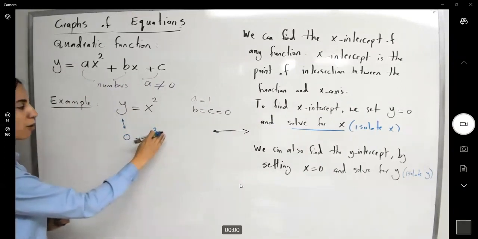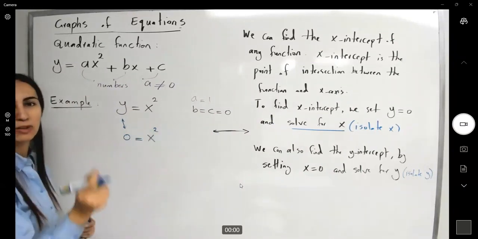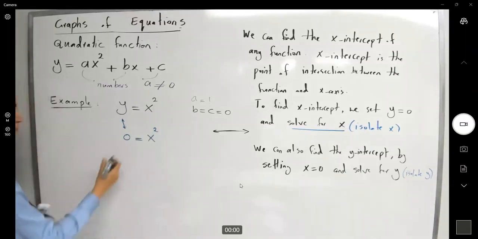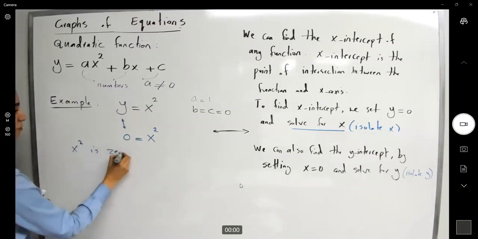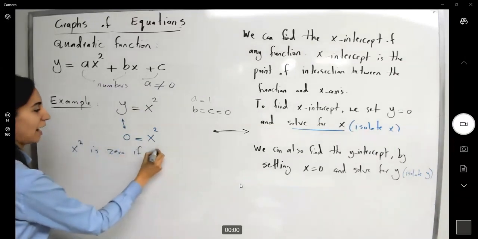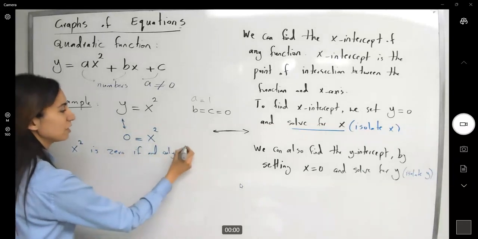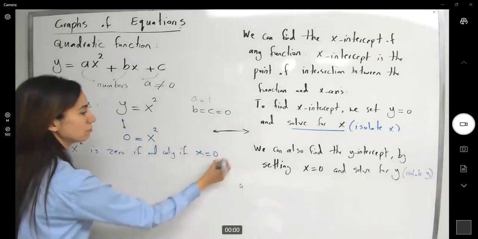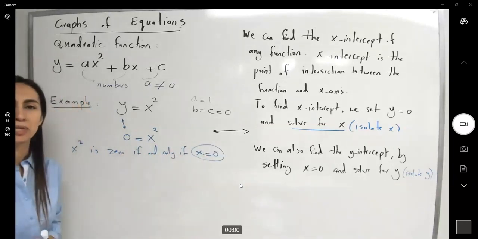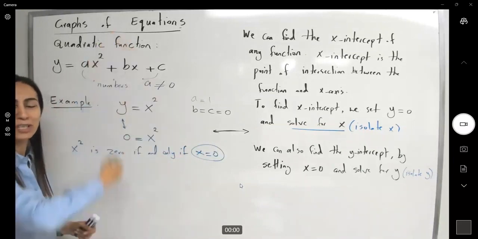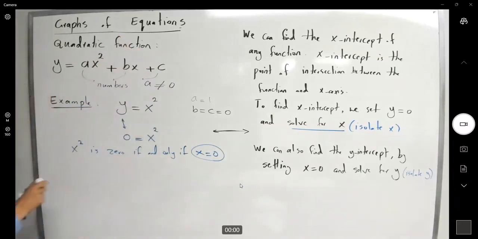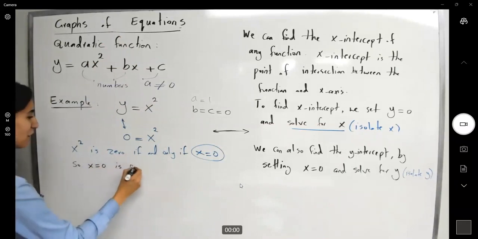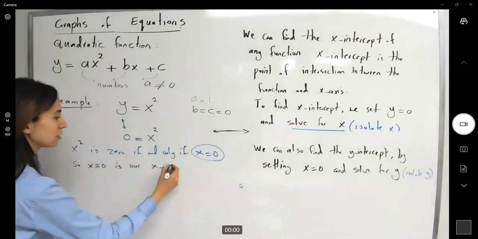X squared is 0 if and only if x is 0. So we found our x-intercept. The x-intercept, or the point of intersection between the graph and the horizontal line, is 0. So x equal to 0 is our x-intercept.